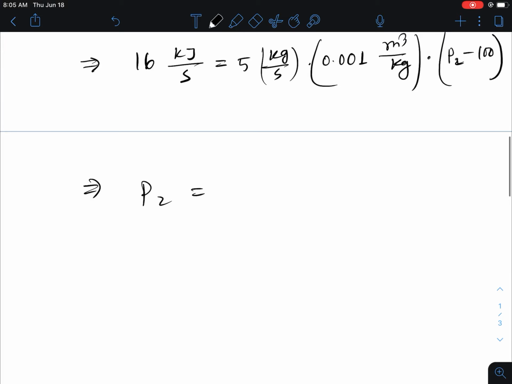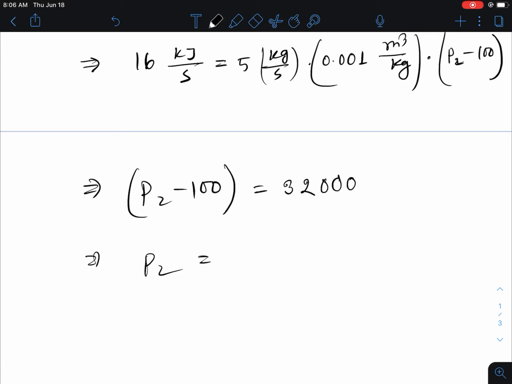Actually, P2 minus 100 equals 16 by 5 by 0.001.